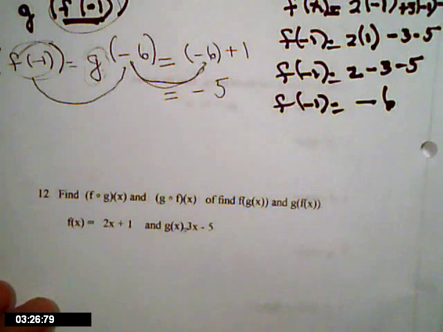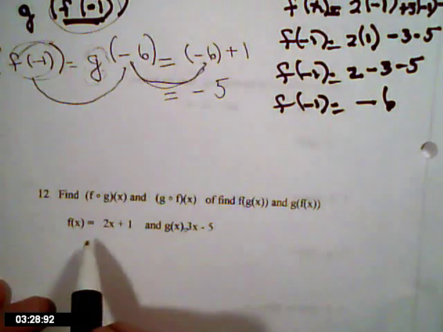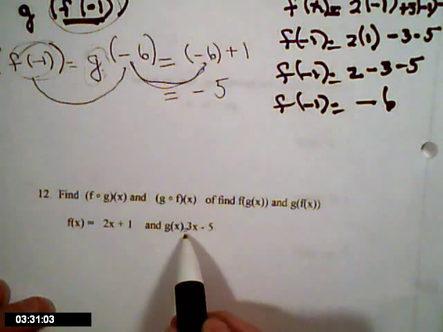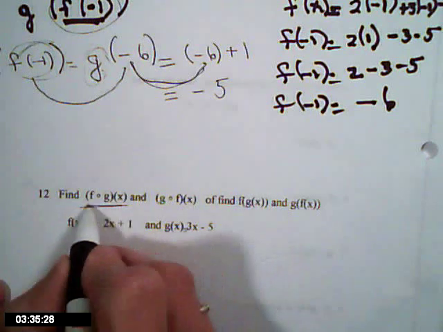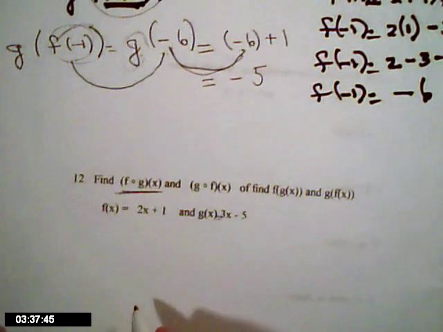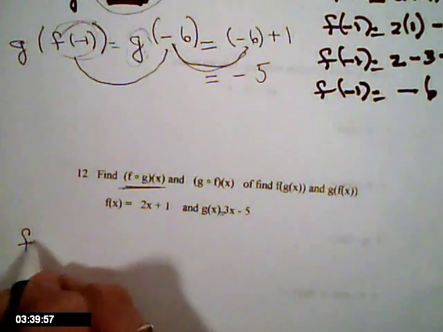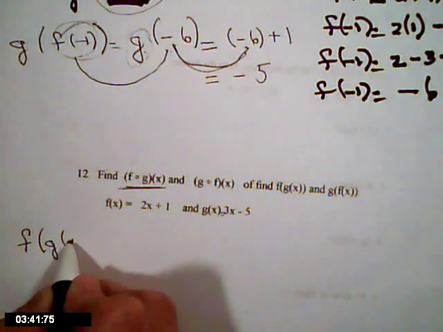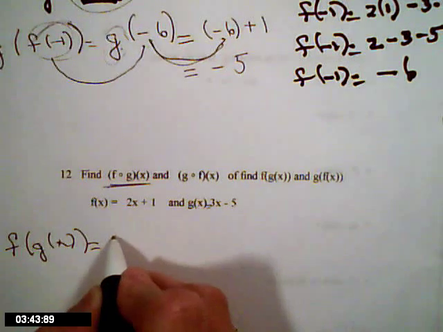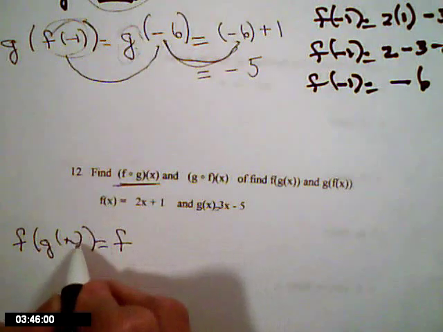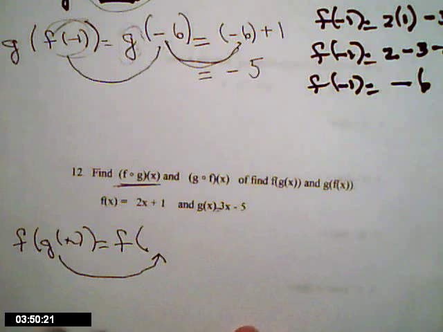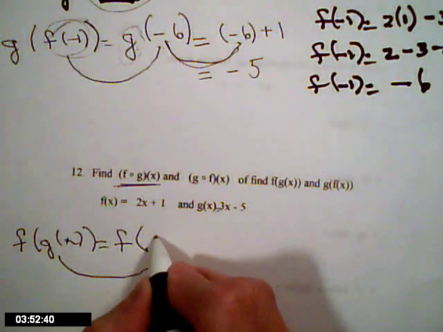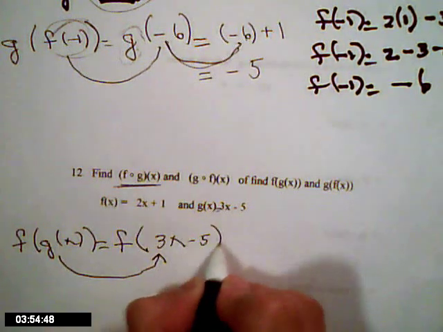All right, let's go to example 12. This time we do not have a number given to us. We have f of x and we have g of x, and they're asking us to find f of g of x. So here we go. Remember, I'm starting inside, so the first thing I do is replace g of x with what it equals, 3x minus 5.